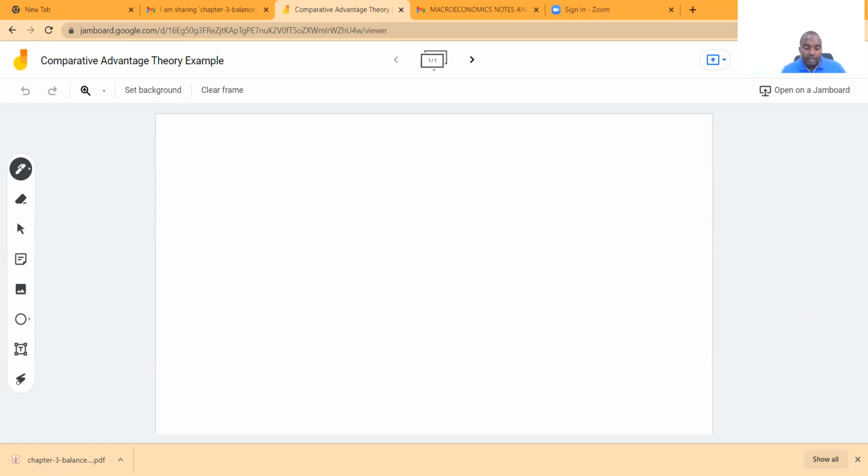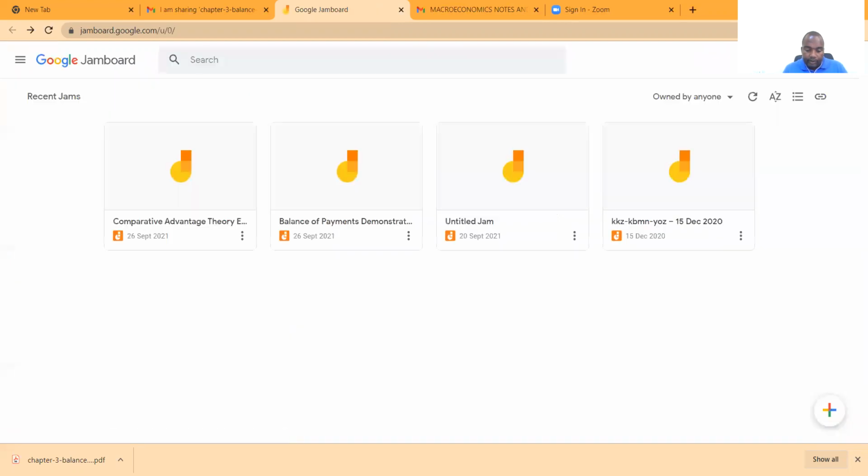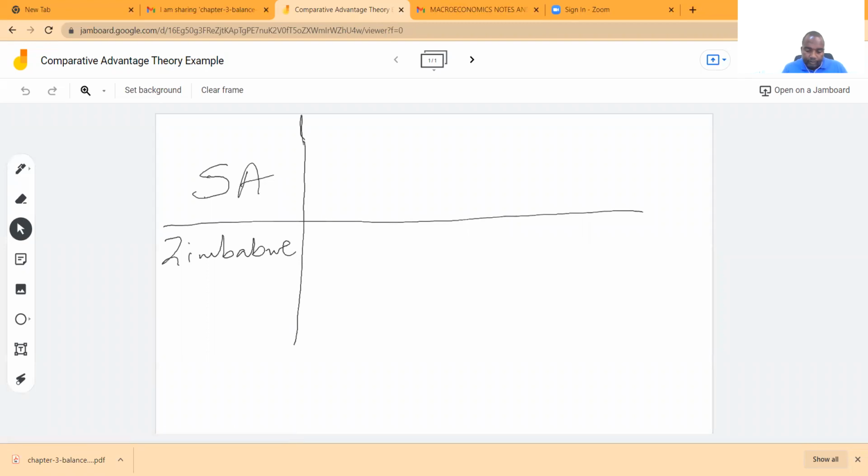So I will illustrate with the table where we have two economies, SA, which stands for South Africa, and Zimbabwe, where we've got these two economies, South Africa and Zimbabwe.